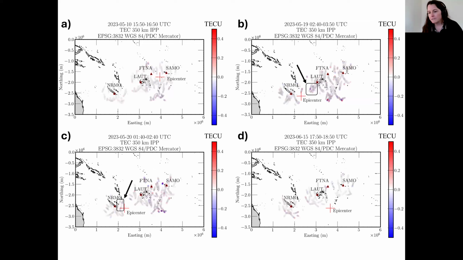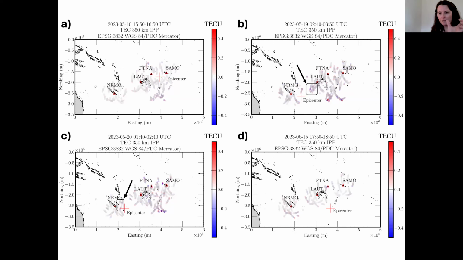And this is where we're seeing the detections in plan. So here we have New Caledonia, Fiji, and what you're seeing in this kind of gray cloud, these are actually the TEC measurements. So you can see, the lighter color is these very low TEC measurements, but you can kind of get a sense of coverage here. And you can see here's the station LAUT, the epicenter, and where we were seeing a detection there, the station NRMG, the epicenter and where we're seeing a detection.